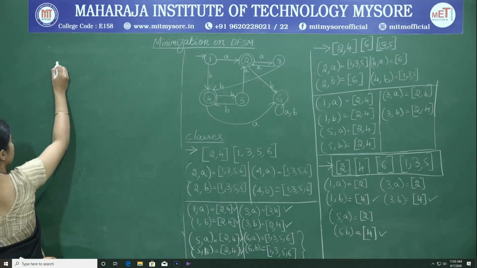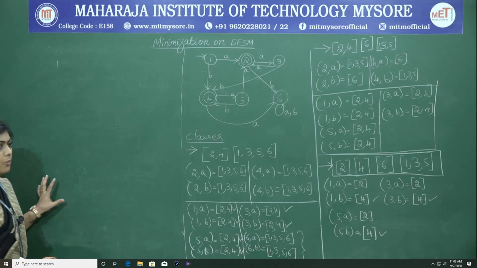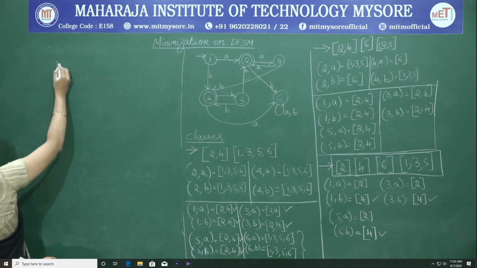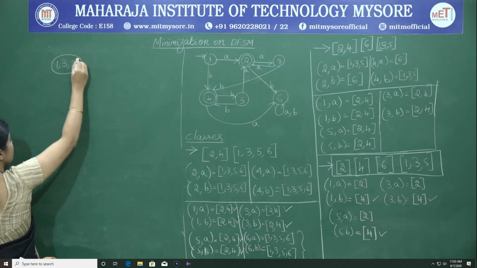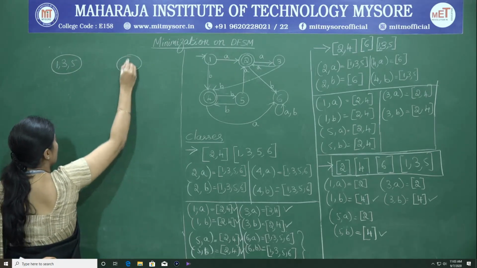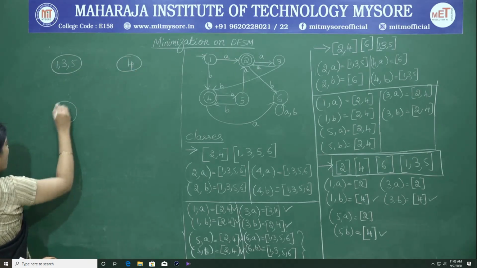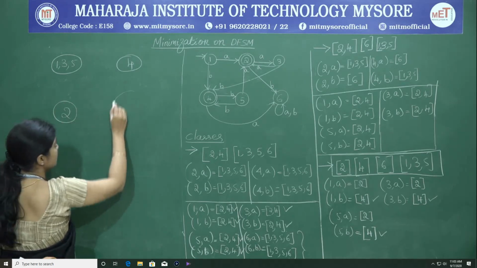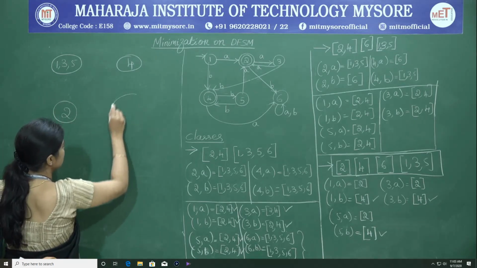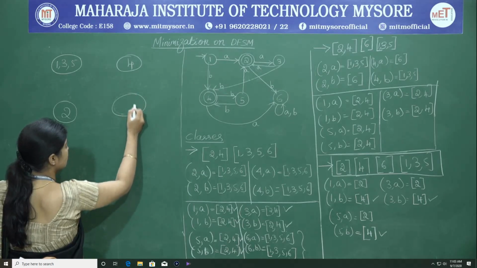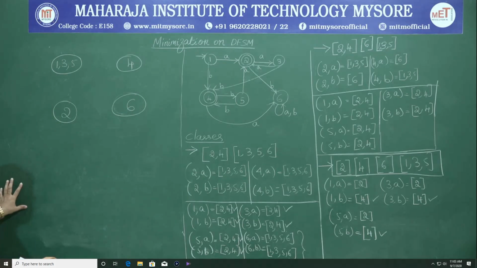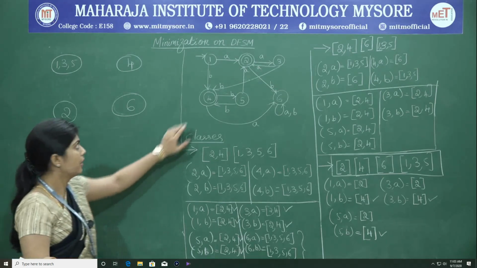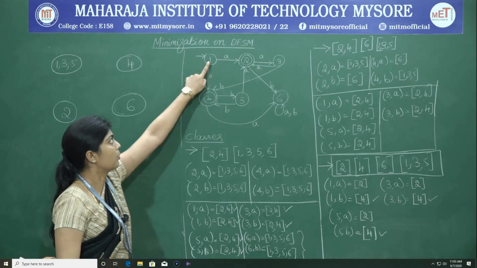So the states are, first we have 1, 3, 5. The start state of the DFA is nothing but 1.